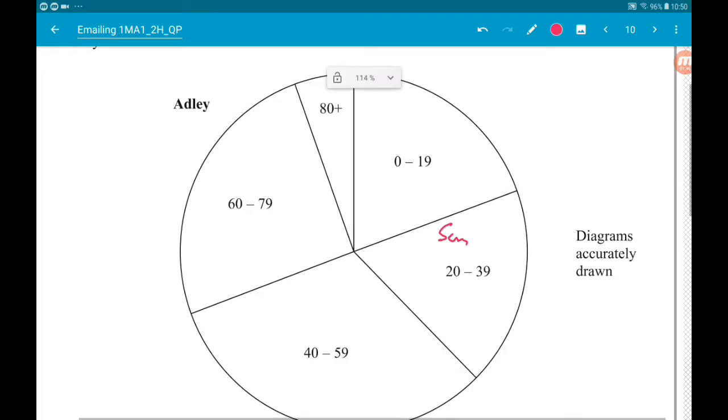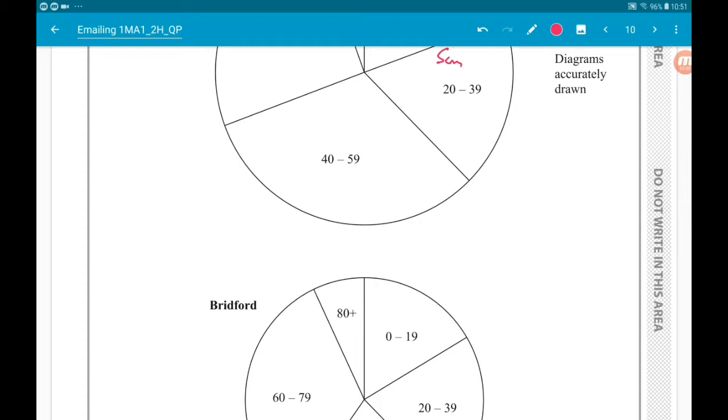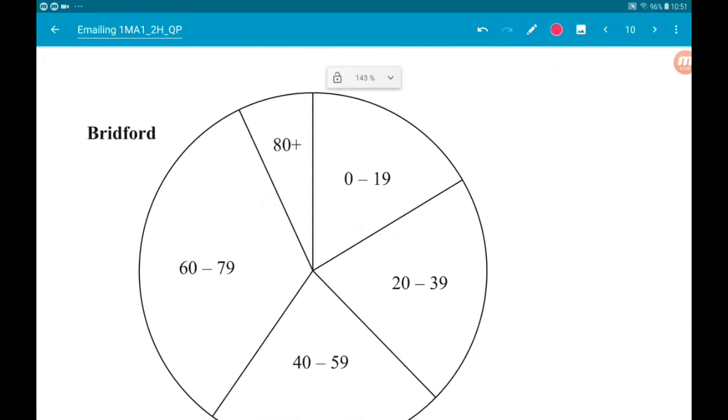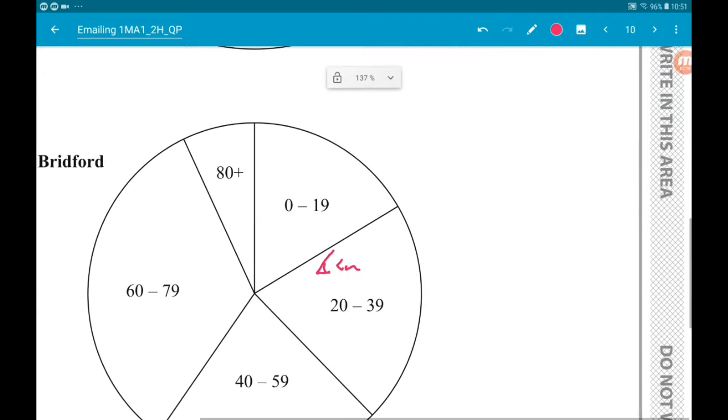So the area then is 25 pi centimeters squared. And if we did the same for Bridgeford, we would find that the radius is 4 centimeters. So the area is 16 pi centimeters squared.